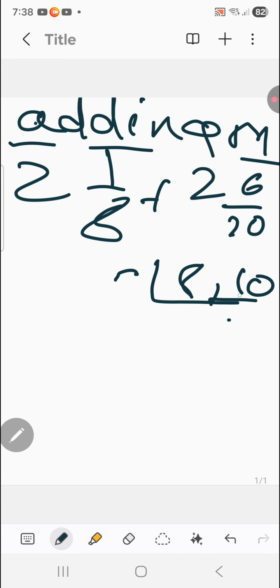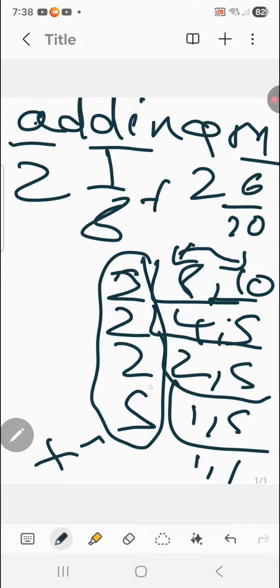Now the common factor for both of these is 2. 2 into 4 and 2 into 5, so 2 into 2 and 5 are remaining, and then 1, and 5 and 5. That's it. Now all of this multiplied together is the LCM. We can write on the side: the LCM is equal to 2 into 2 is 4, 4 2s are 8, 8 5s are 40.